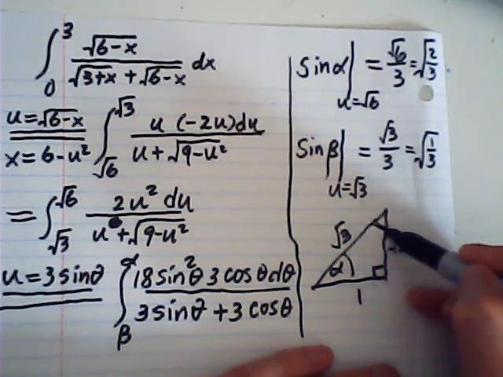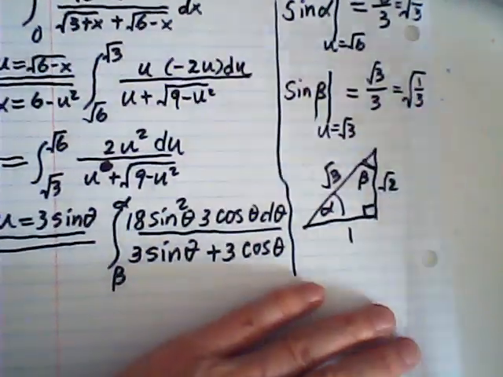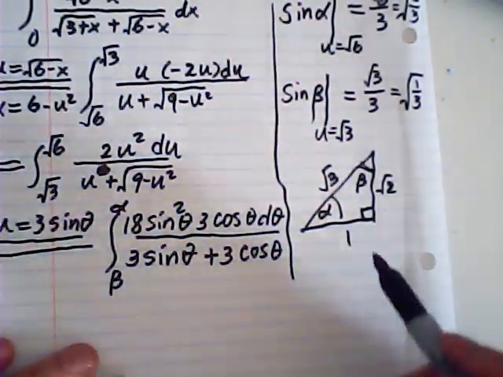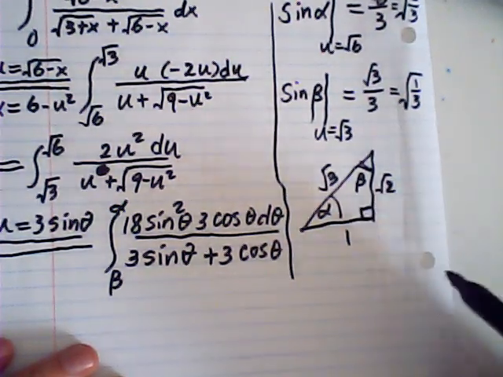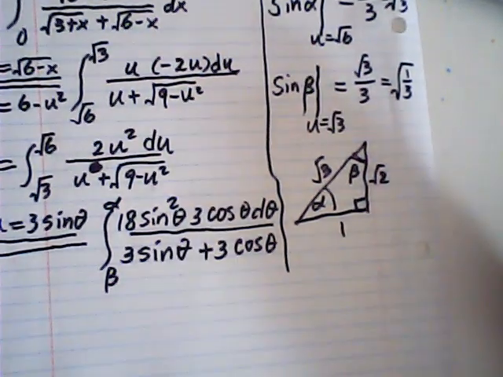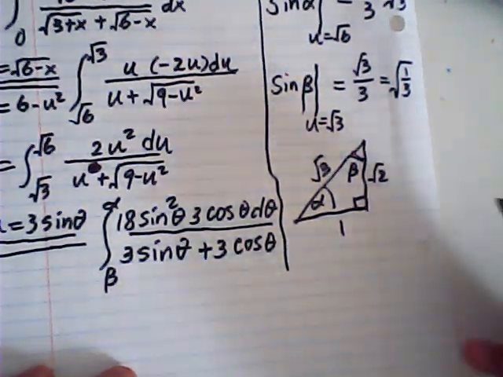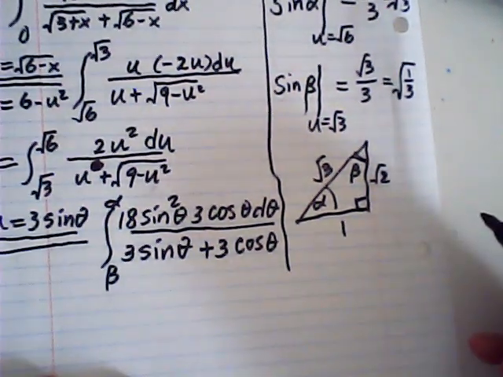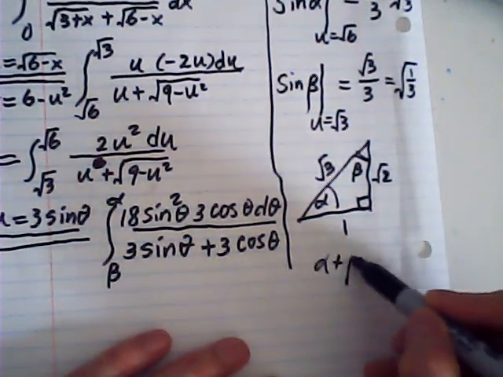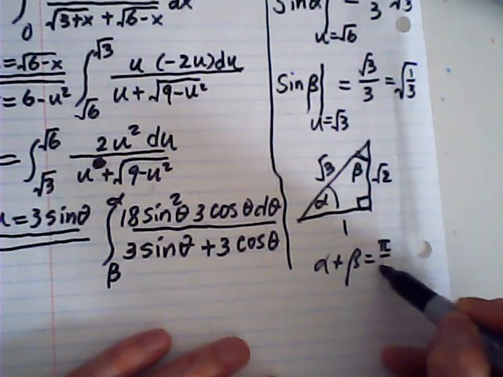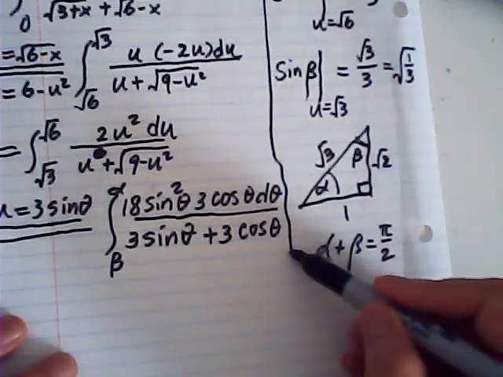So this will be beta. It's very, very strange that alpha and beta just make it half pi. Alpha plus beta is half pi. So that's the relation.